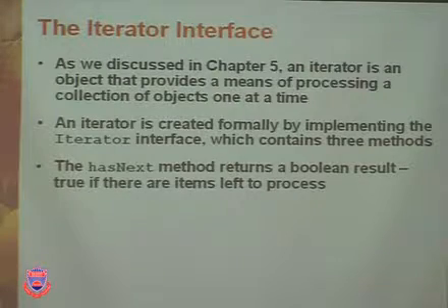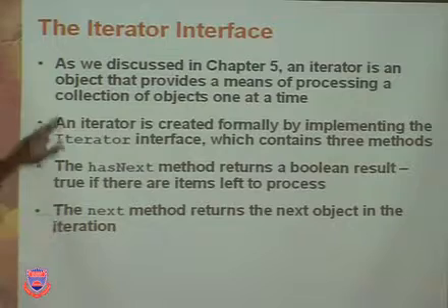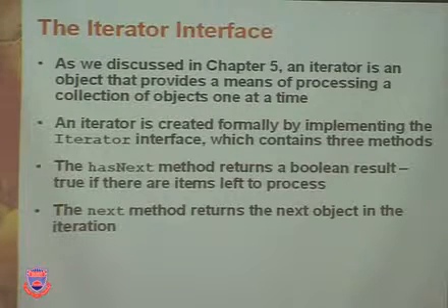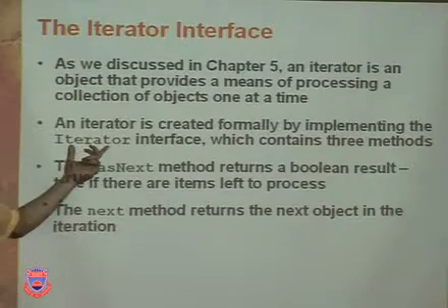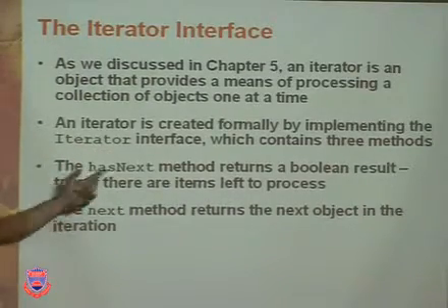So again, the Iterator interface. This is also something we have seen before. An iterator is an object that provides a means to go over multiple collection items, and you can implement this by using the Iterator interface. So it has three methods. What are those?